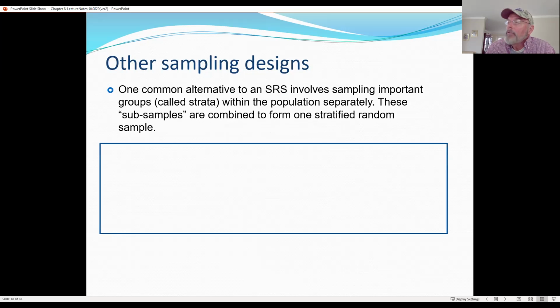But sometimes there is a need for defining groups within our sample. So one alternative to a simple random sample goes along with subgroups called strata. And this type of sample is called a stratified random sample.